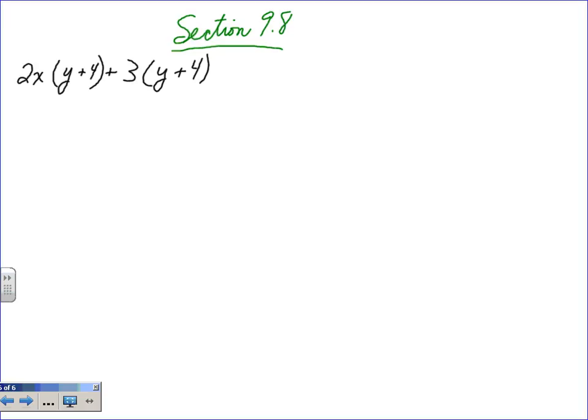Go ahead and sharpen your pencil. This is not factored. What factoring means is I want something times something. And this is not something times something, it's something plus something. So how do I convert this to two parentheses, where it's one parenthesis times another?